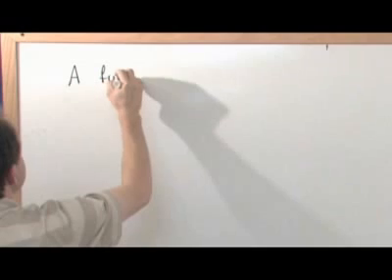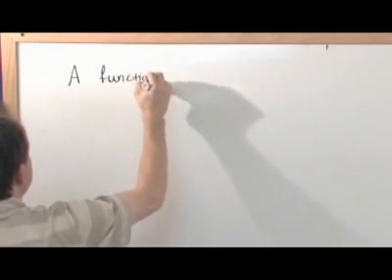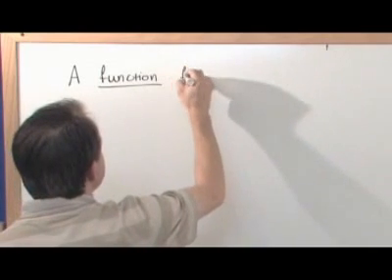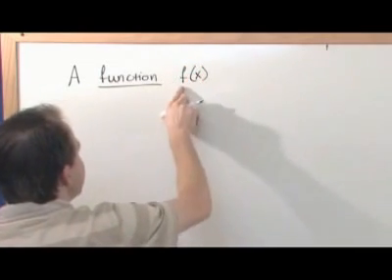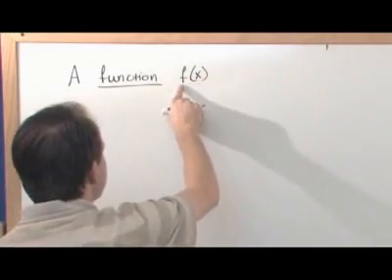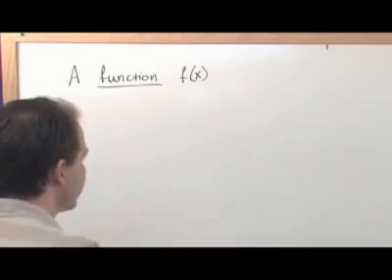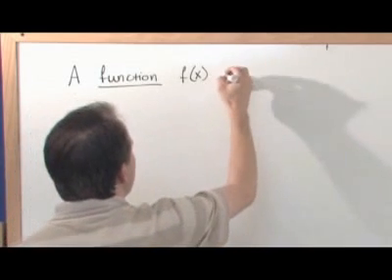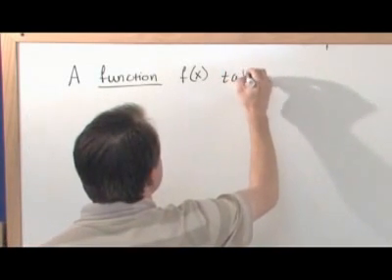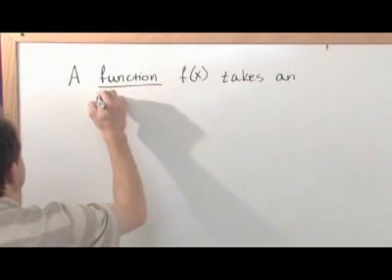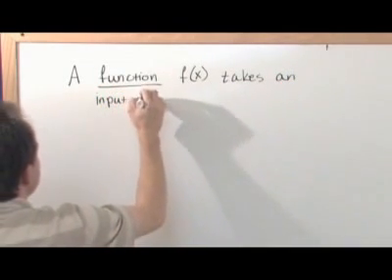A function, which is a term that you really need to know, we're going to denote as f of x. This is not f times x. Parentheses here does not mean multiplication. It's f of x, and I'll explain what that means in a minute. All this thing does is it takes an input, and the input is x.